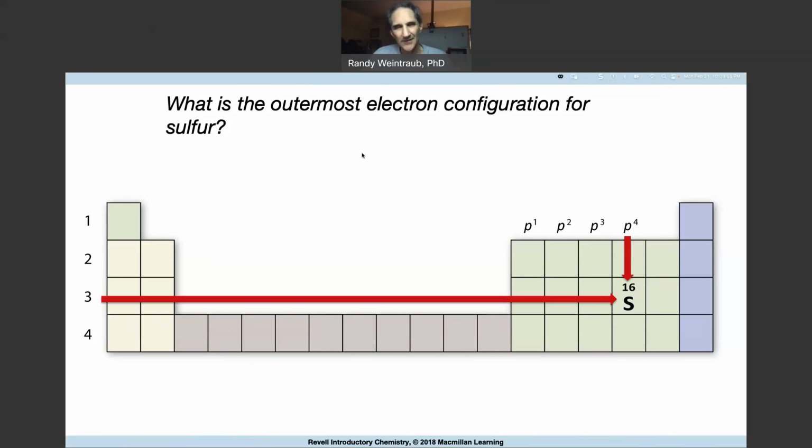This means its highest energy electrons are in level 3. It's located in the p block and at p4. Therefore, the last part of its electron configuration is p4.